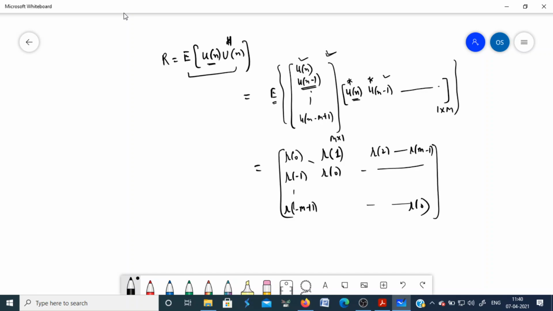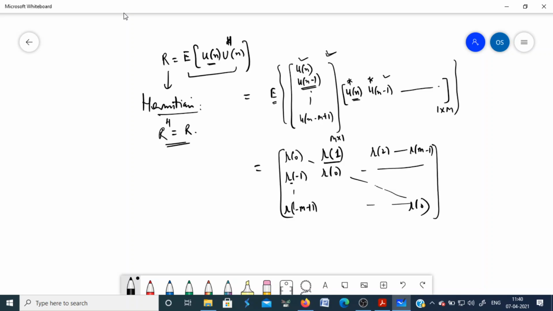And this matrix, we have seen, has some beautiful properties: it is Hermitian. Hermitian matrix means R H is equal to R. If you take its Hermitian transpose, it will be equal to again the same matrix.